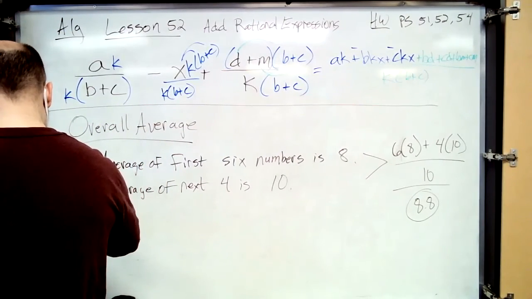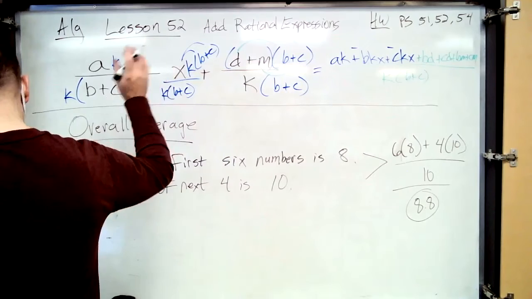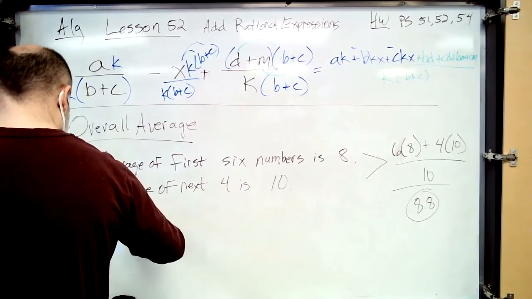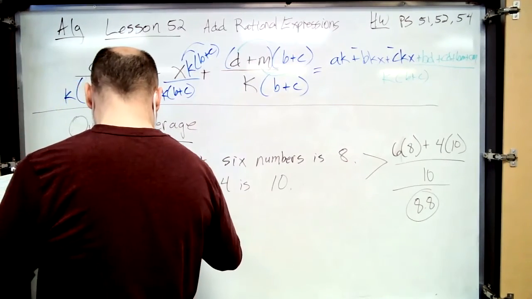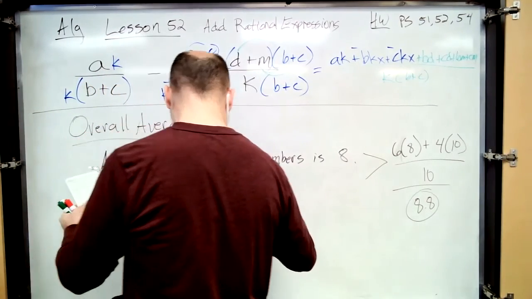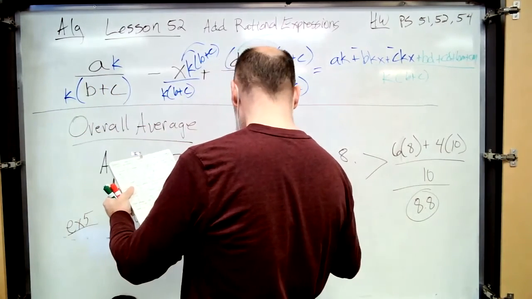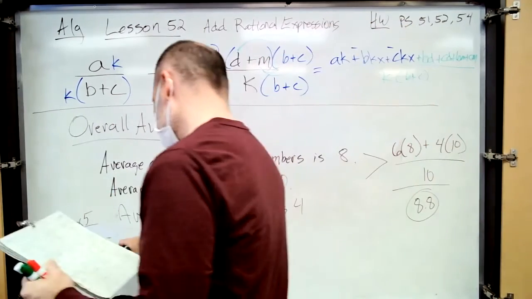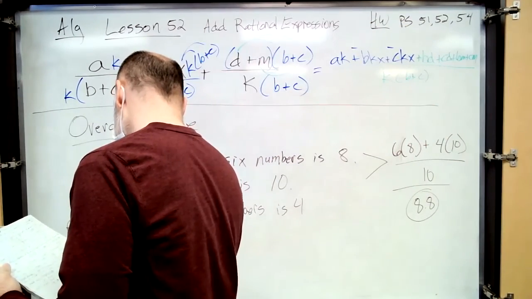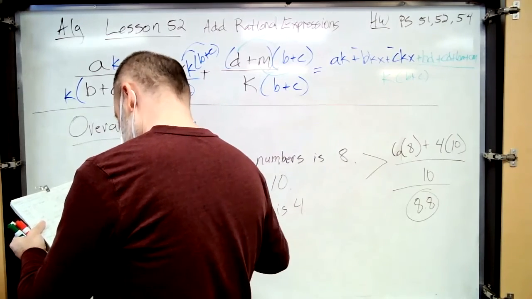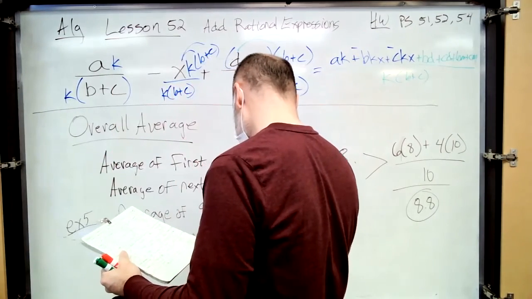Okay, try another one. Here's example 5 in this lesson. It's example 5 because we did all these. So let's say the average of 90 numbers is 4. That's a lot of numbers. The average of the next 10 numbers is 6.